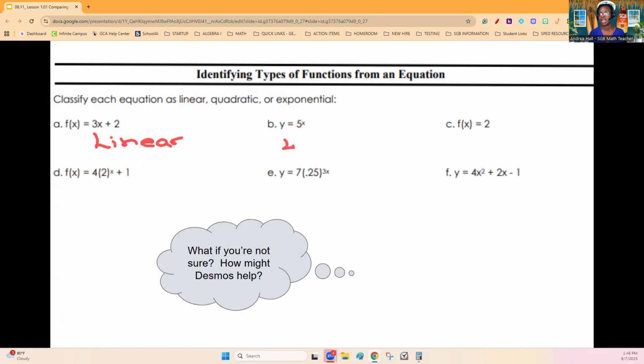This next one we said is exponential because that x is an exponent. This one I was going to say neither, but if I graph it, f of x equals 2. So let's go ahead and grab our Desmos calculator. Hold on a second while I pull that over.